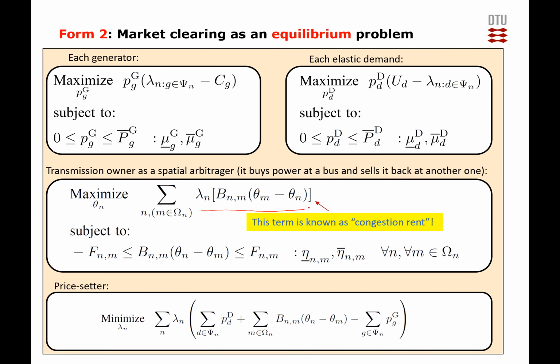So let me explain. We can assume the transmission system itself is a market participant, and it's a spatial arbitrageur. It means that the transmission system owner buys power at a specific bus and sells it back at another bus.